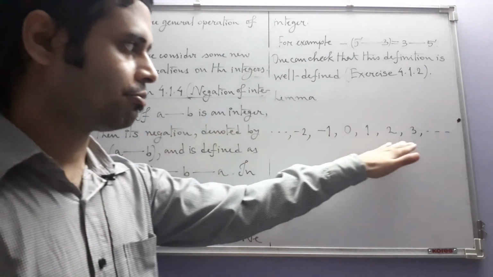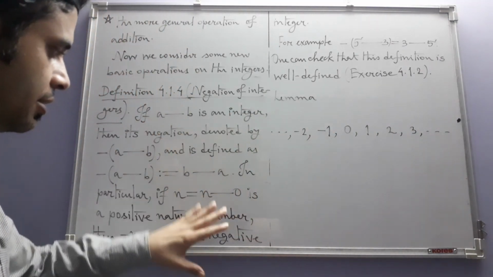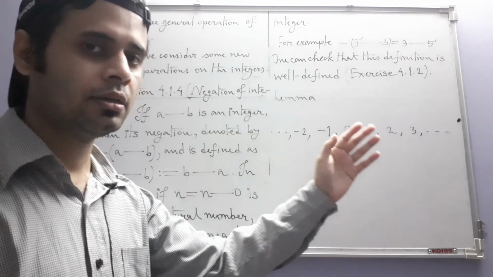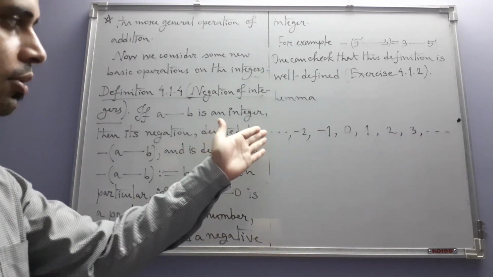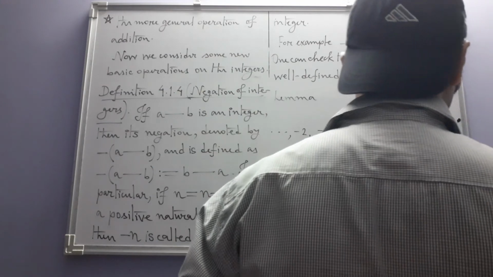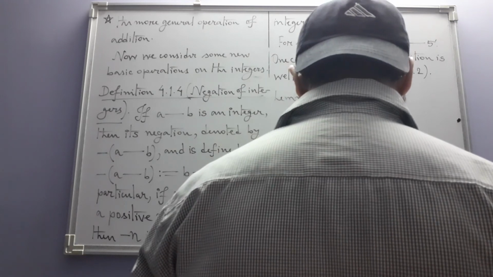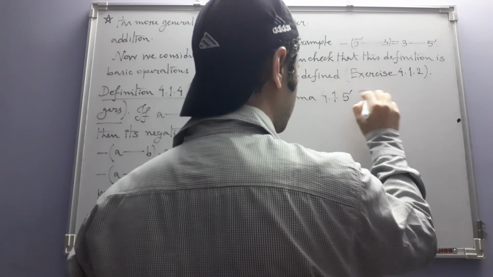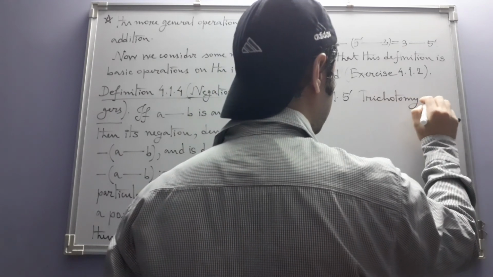That's how we feel integers are, or that's how they appear on the number line. Now after this definition, in this lemma, we are going to prove that what we think of integers, they actually are like that. Even our elaborate definition allows for us to think of them in this form. So this is lemma 4.1.5. Trichotomy of integers.